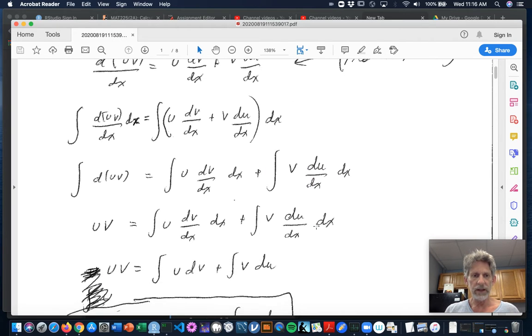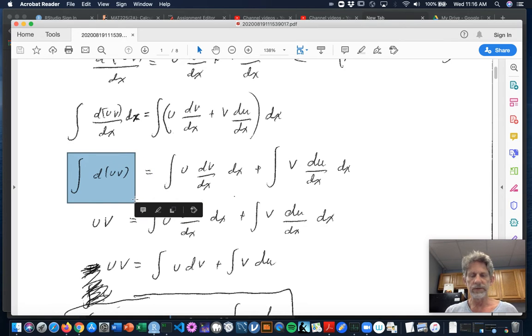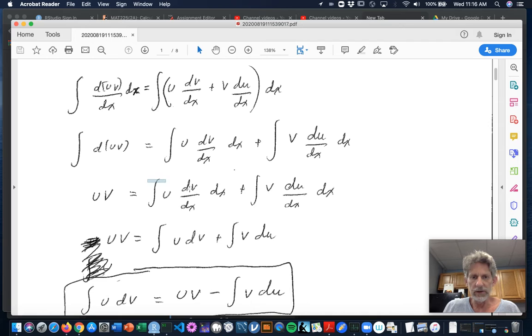All right. Now, what would be the antiderivative of d(uv)? Well, the antiderivative of dx is x, the antiderivative of dy is y, so the antiderivative of d of anything is that thing. So I'd get uv on the left. I haven't done anything to the right in this step.